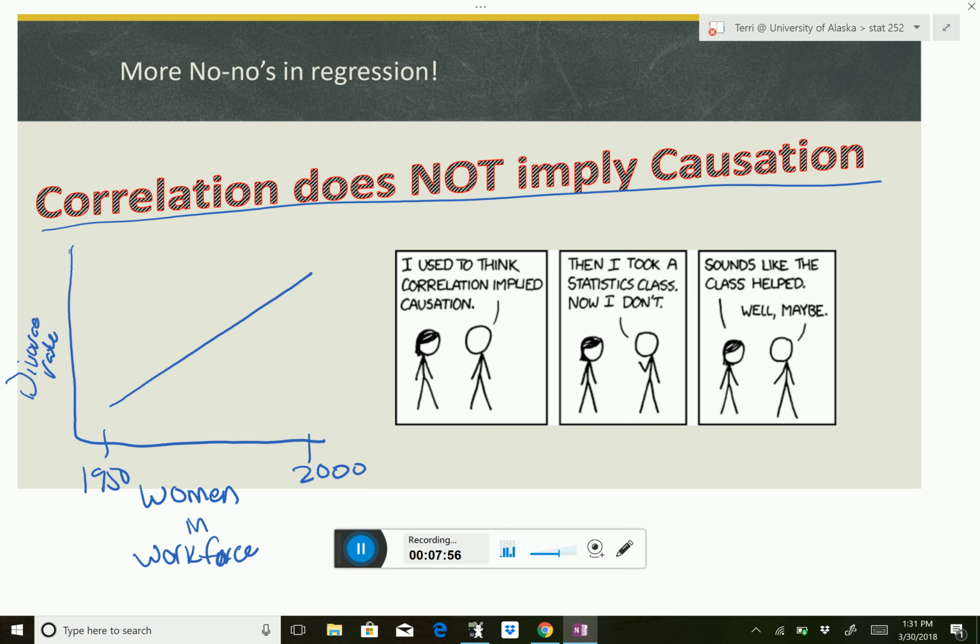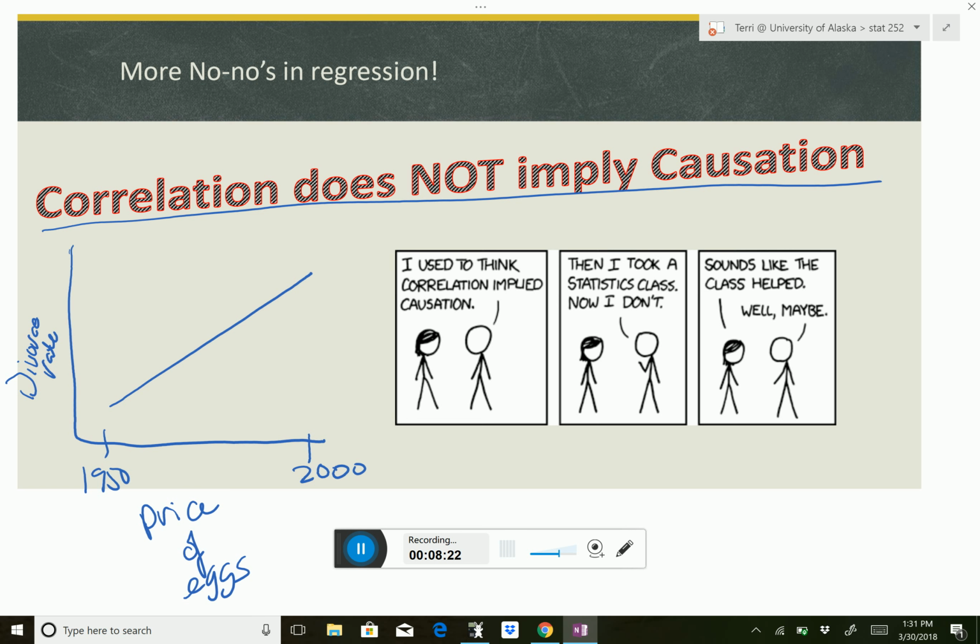Now, a lot of times people go, well, I don't know, when I ask that question. However, what if I changed my X variable? What if I changed my X variable to the price of eggs? Is the price of eggs correlated with the divorce rate? Yeah, from 1950 to 2000, yes.